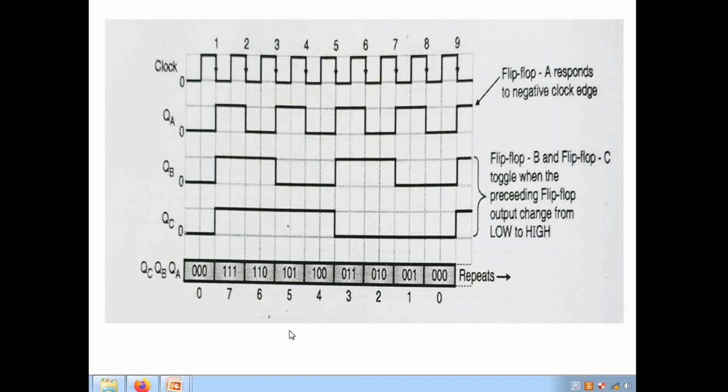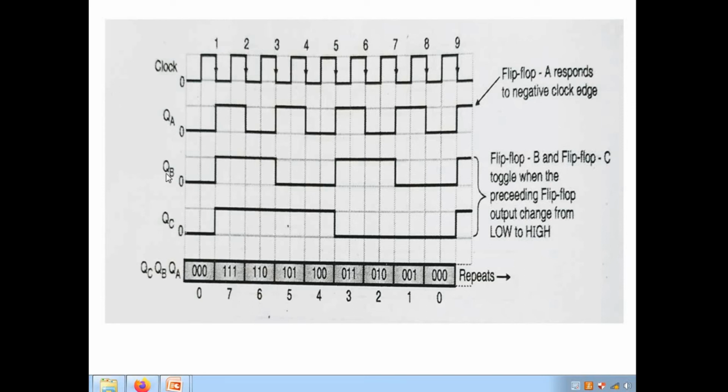So from this timing diagram, once again we'll see that flip-flop A always responds to the negative clock edge of the clock pulse. When it goes down, it responds, it goes high. Once again, when it goes low, at the negative clock edge, it changes its state, and so on.